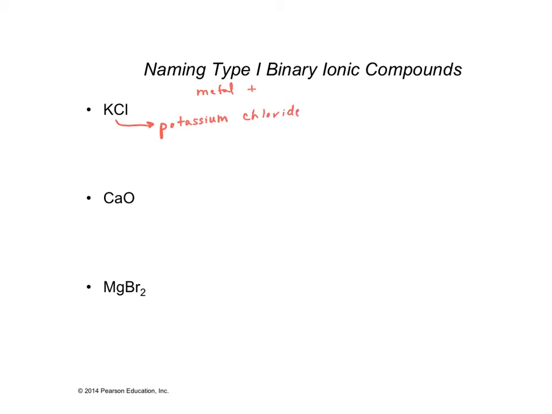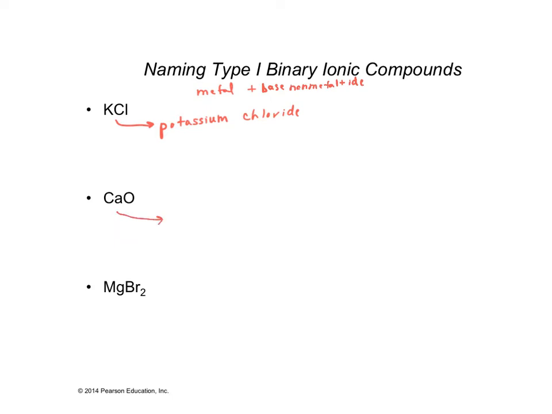So how do I name this type I super predictable metal compound, this ionic compound? I write the name of the metal, potassium, the base name of the nonmetal, and then I end it in IDE. So potassium chloride. Same thing here.